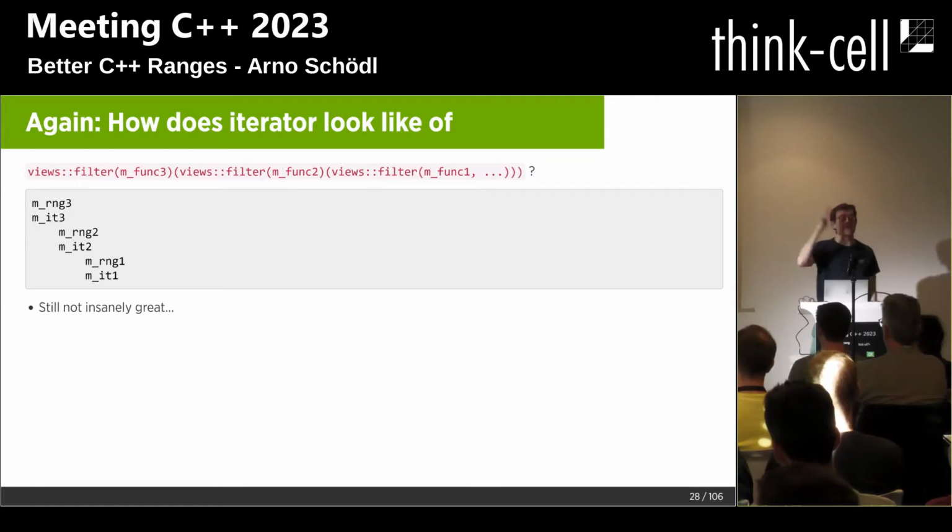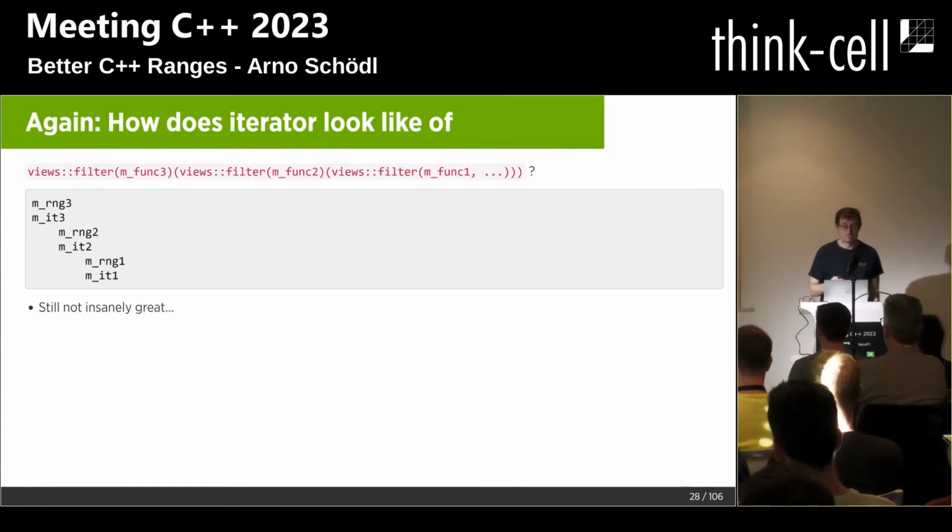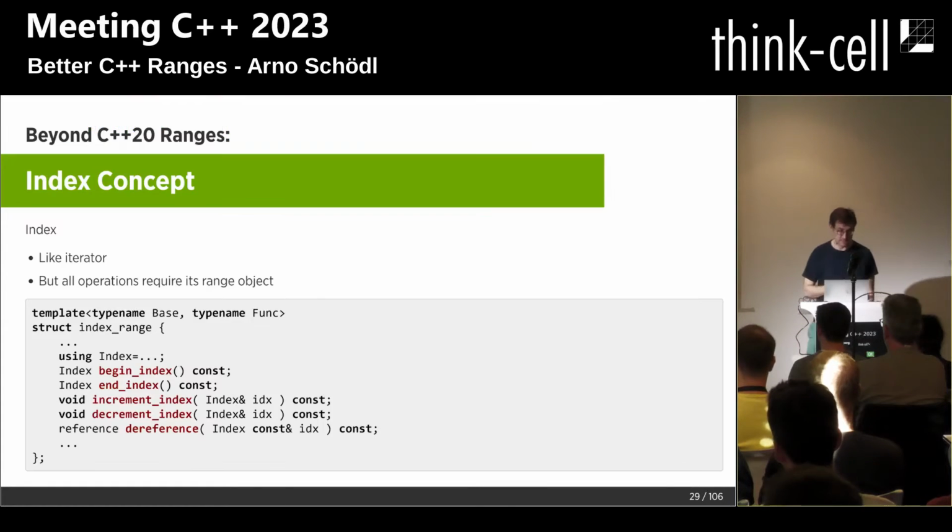So you still get a linear growth of the iterator size, which the standard said is fine, can't help it. We said, no, that's not nice. You want to be able to stack these things like crazy, and we shouldn't pay anything for it. So how do we do this?